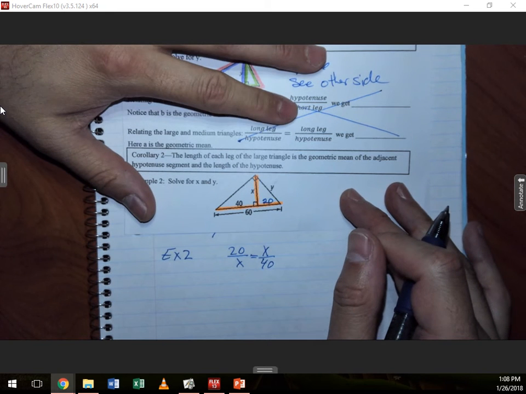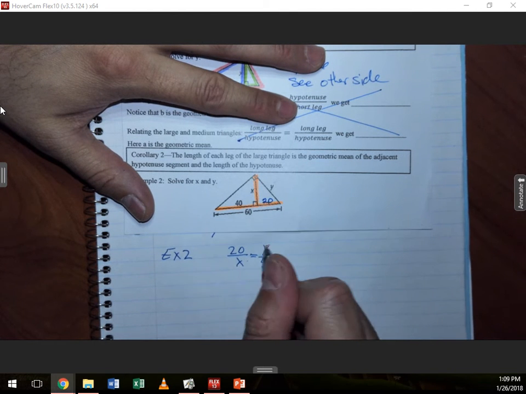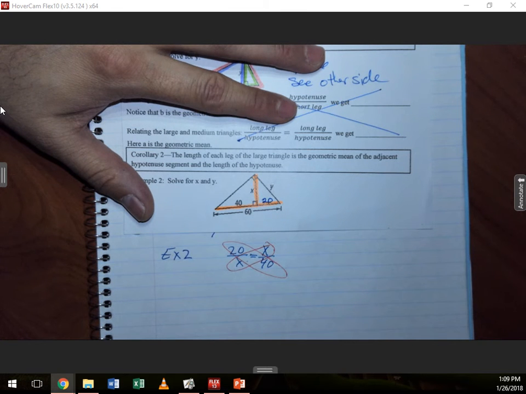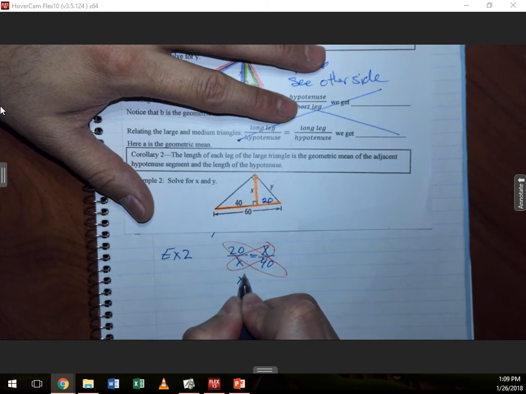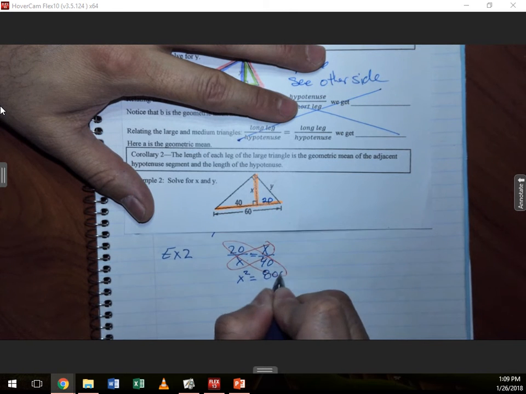This is using the geometric mean now. Since I have geometric mean, it's going to end up giving me my x squared, isn't it? When I do my math, x squared equals 20 times 40, which is 800.